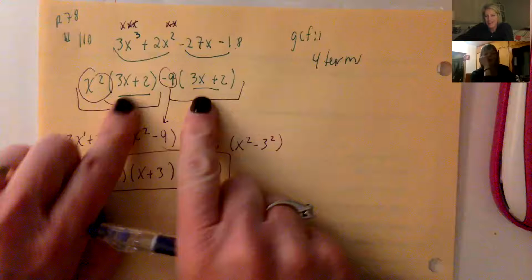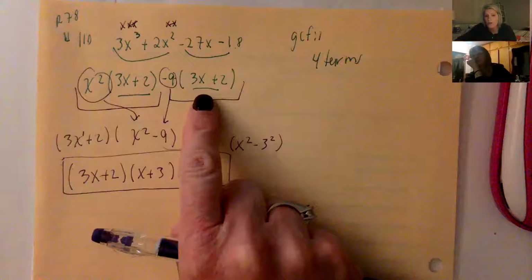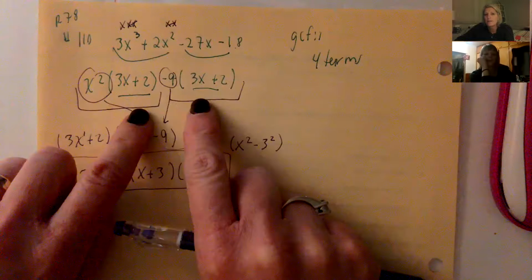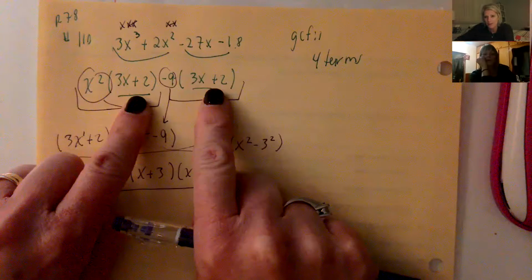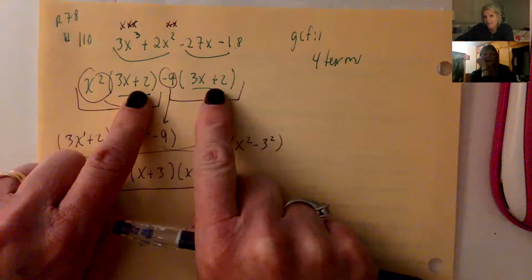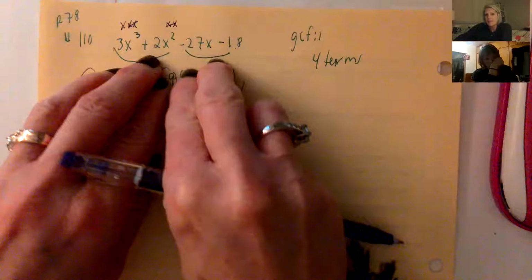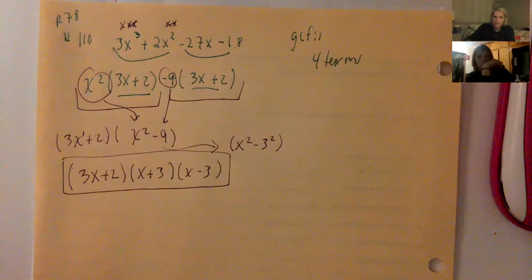Oh, okay, I gotcha. The more you do of the grouping ones, you'll start to see that whatever's left over here will always be whatever's left over here. They have to match. Got it. Because then those come off to the side and they're the common thing, right?